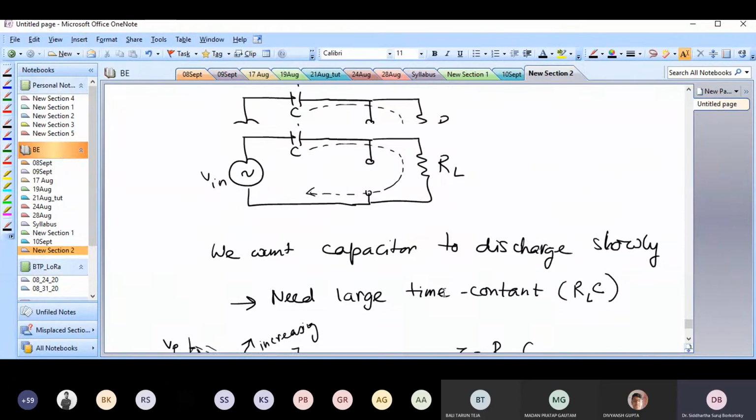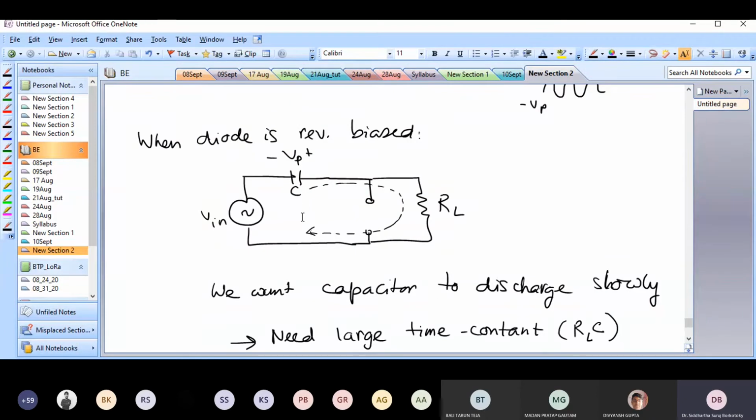So what would happen is that no matter what my RC values are, what my time constants are, at some point or the other, eventually the capacitor is going to discharge considerably. At that point, suddenly my diode would become forward biased.